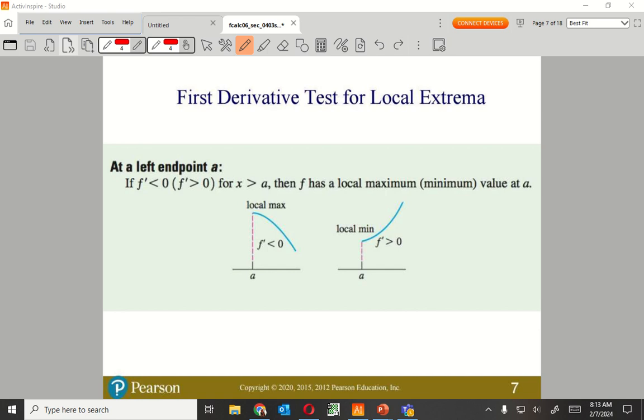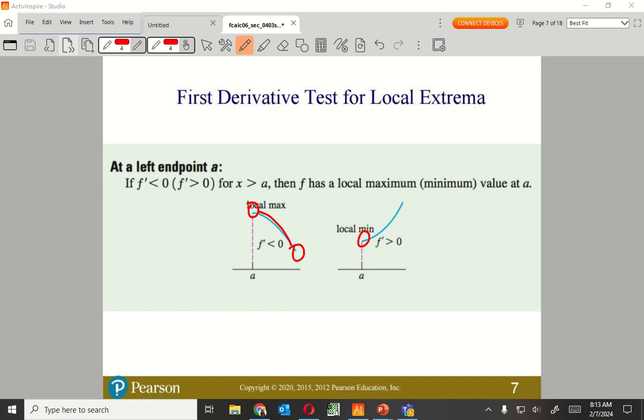What that means is I'm plugging in the endpoints and seeing if it is greater than all the rest. Right here, if this is less than this, it is a minimum. If this is more than this over here, then this is a maximum.